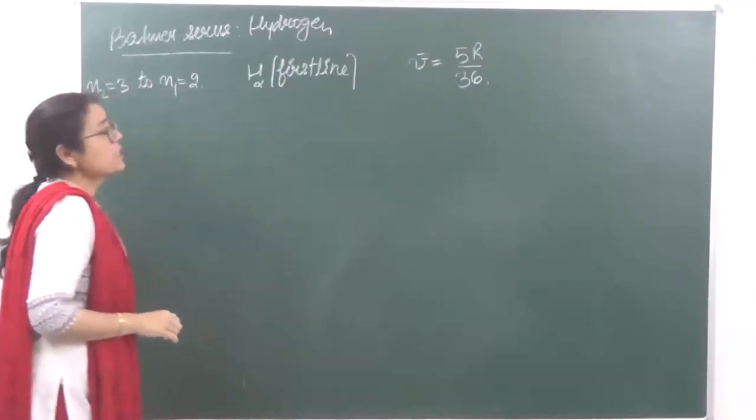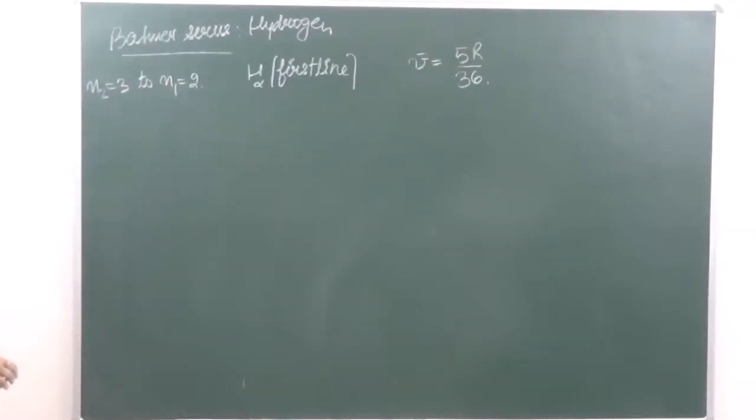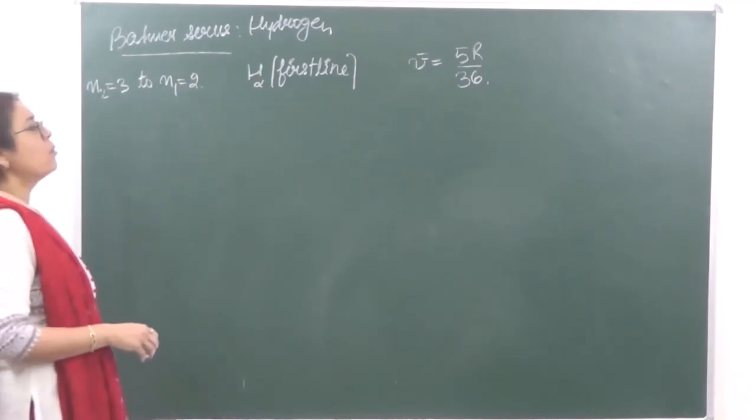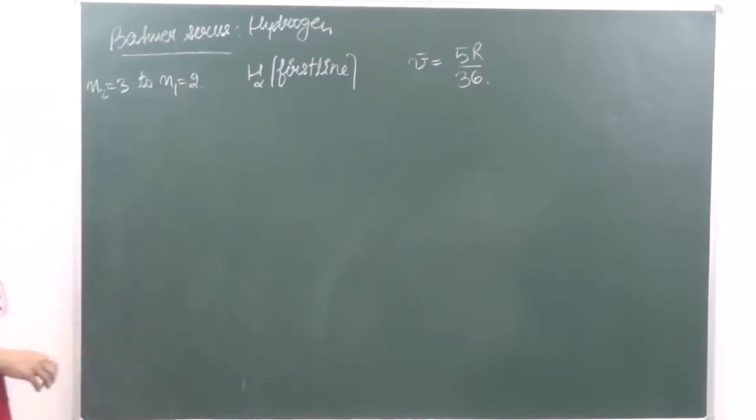Okay, the calculation done is by the same formula, 1 upon lambda, nu bar is equal to R, which is the Rydberg constant, which has a value of 109677. Okay, so R into (1 upon N1 square minus 1 upon N2 square). So when you calculate that, it comes to 5 upon 36 R for the first line, H alpha.